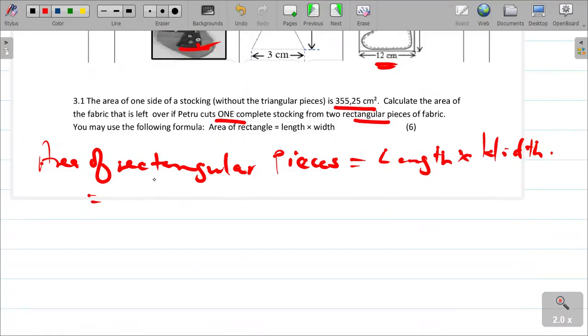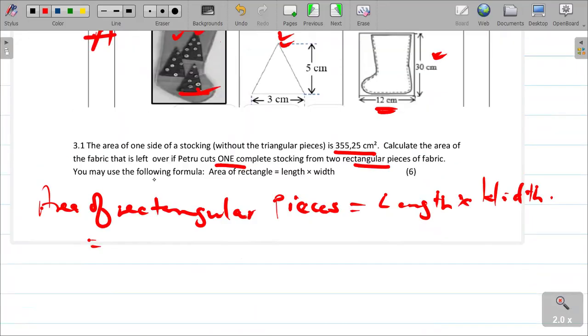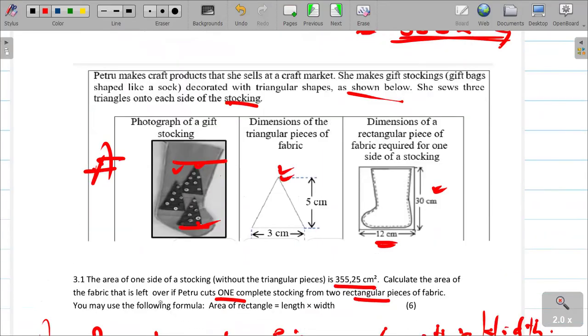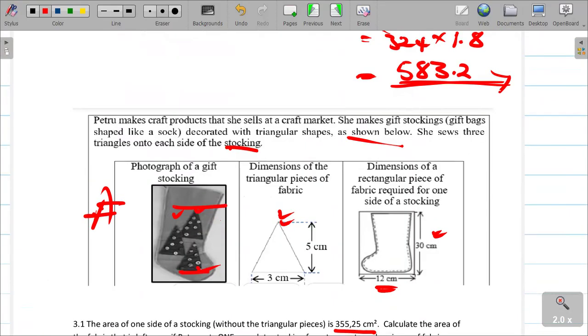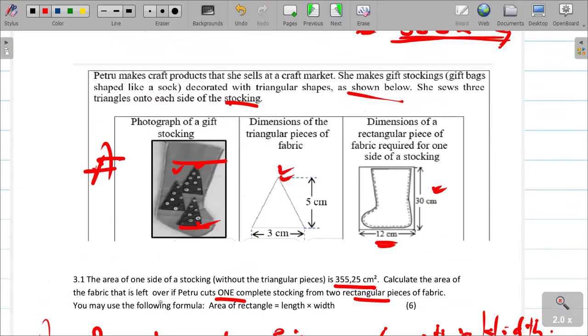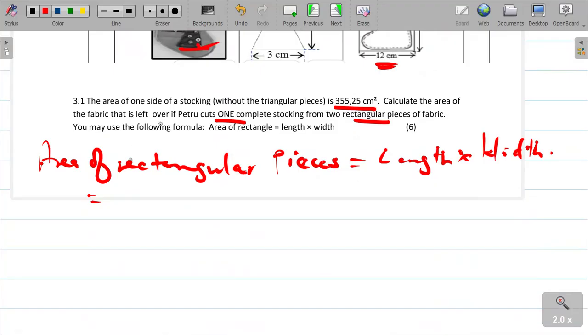So this is equals to, we say the area of the rectangular PCC is equals to 30 times 13, which is gonna give us 390 square centimeters.